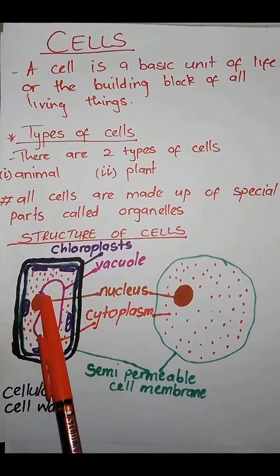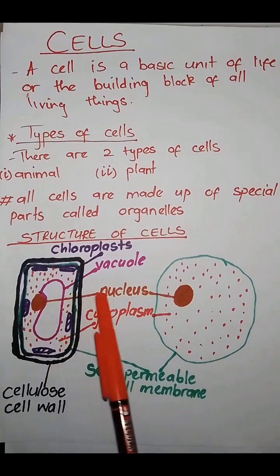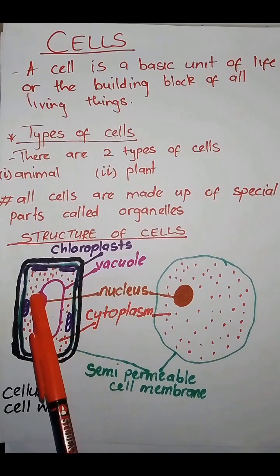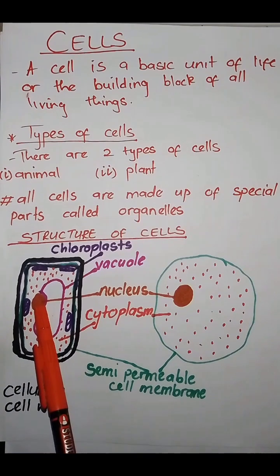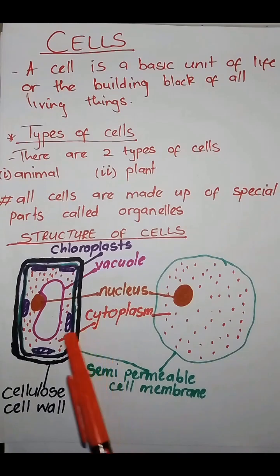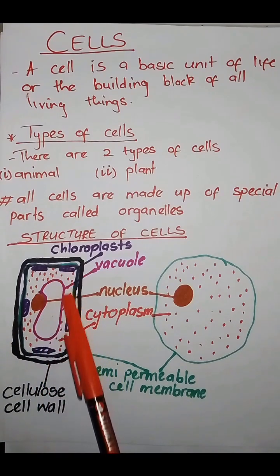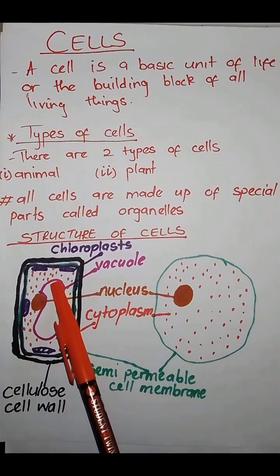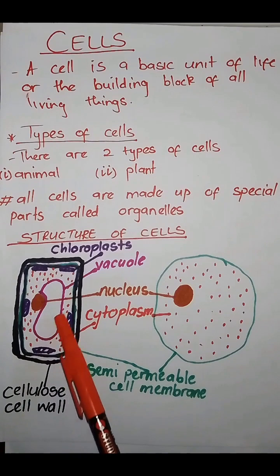Then we have this big brown organelle here, which is the nucleus. As you can see, the nucleus is present in a plant cell, and it is also present in an animal cell. So now let's look at this organelle that I've labeled in pink. This represents the vacuole.